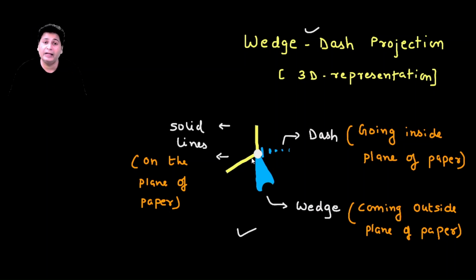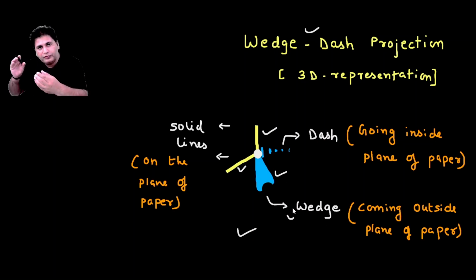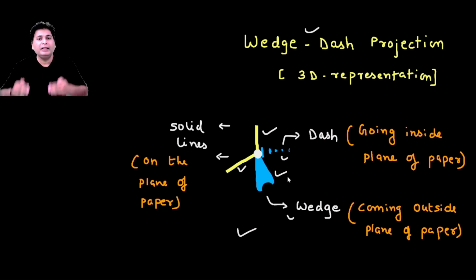How the tetrahedron can be drawn: as you can see, these 2 yellow lines are 2 bonds which are on the plane of paper. The paper, basically, you can treat as my screen. So the yellow lines are the bonds on the plane of the screen. The wedge is coming out of the plane of paper, and the dash is going inside the plane of paper.